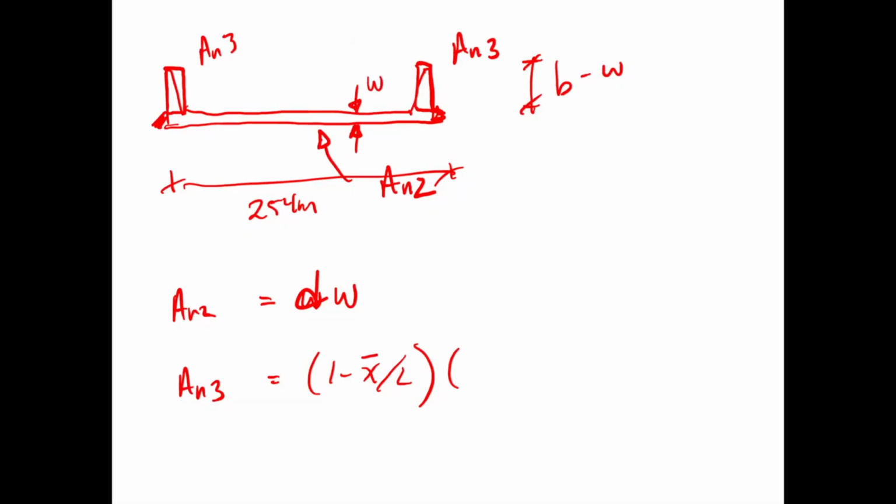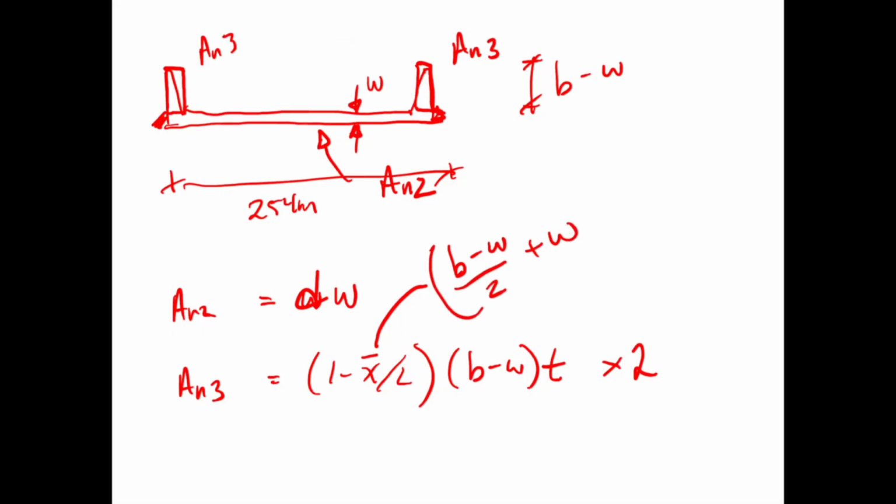That's going to be multiplied by the thickness of the flange. In that case, plus we have two of them. X bar over L here is going to be B minus W over 2 plus W. And so we're going to end up with an AN2 and an AN3 that are calculated in this way.